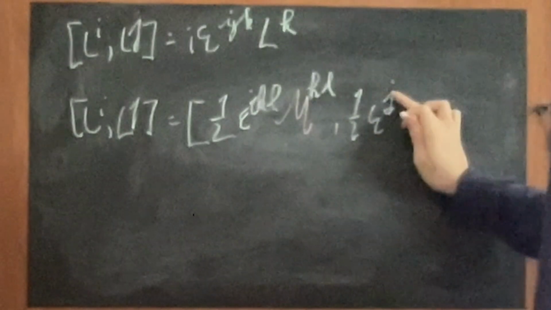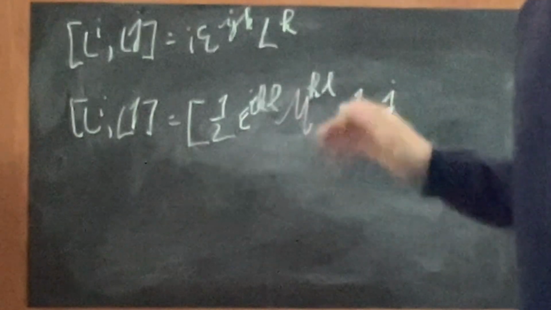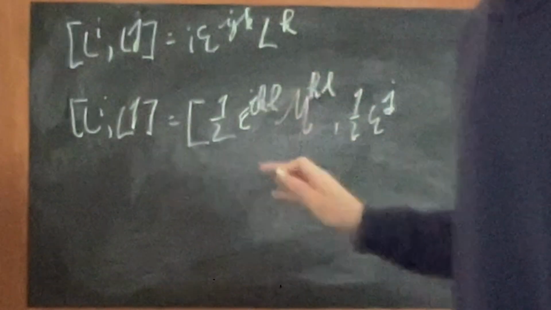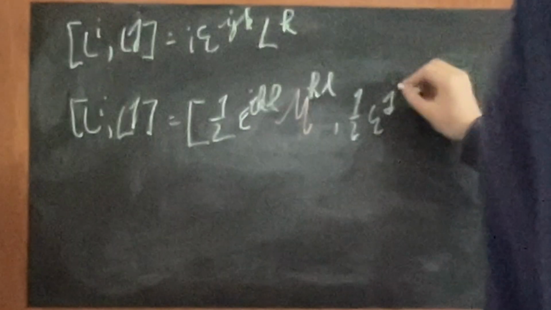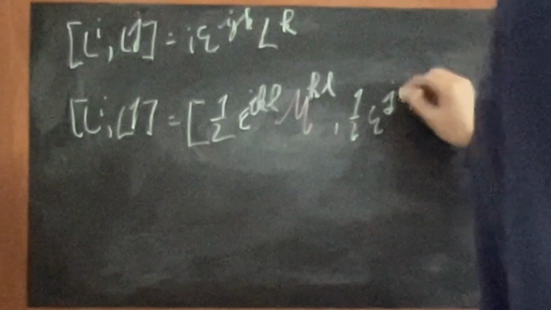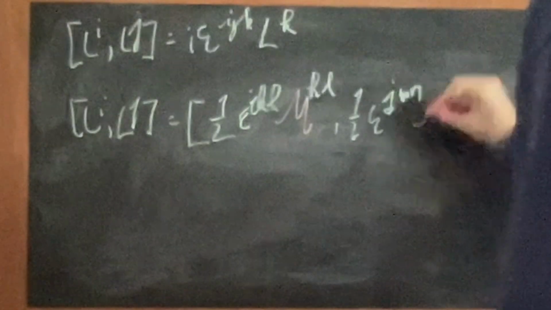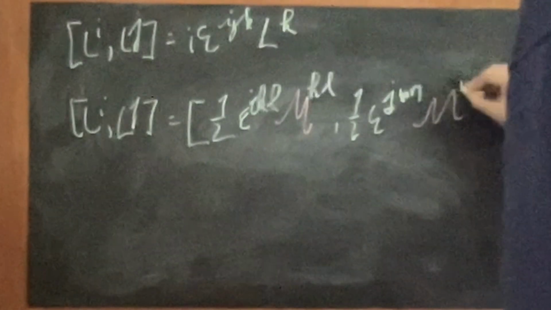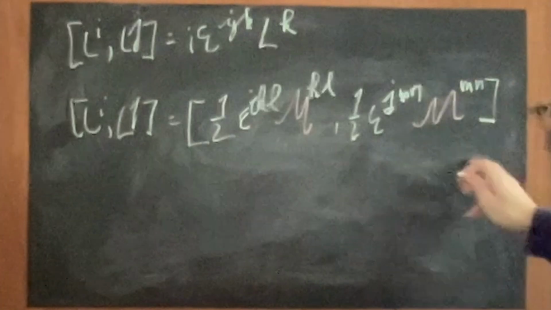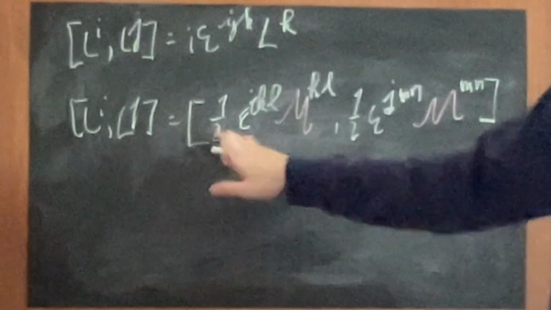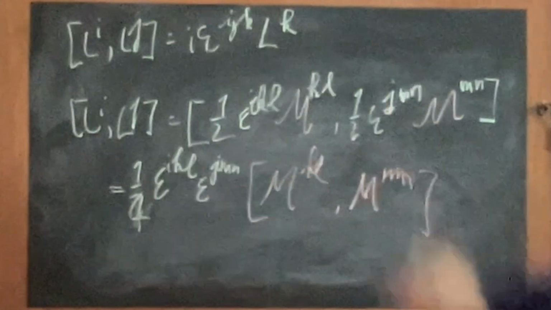Instead of using JKI, cycling the IJK indices, we will be using JMN, so we don't repeat the indices on these two terms. Like that.